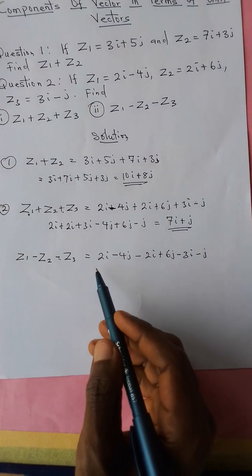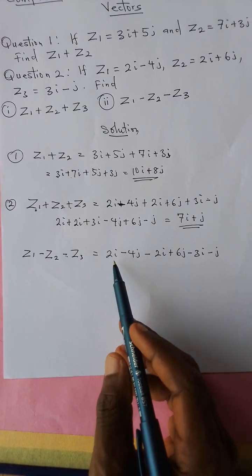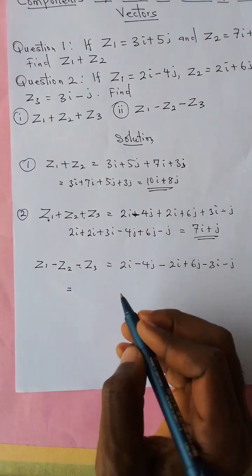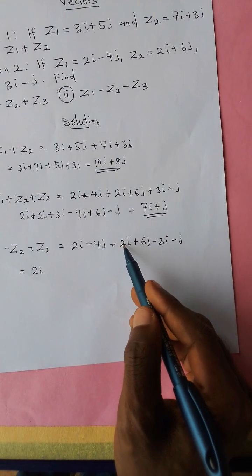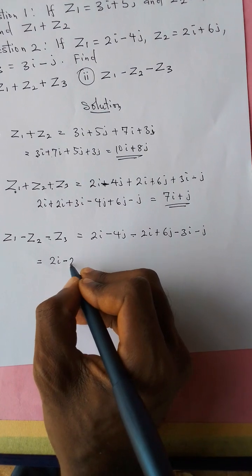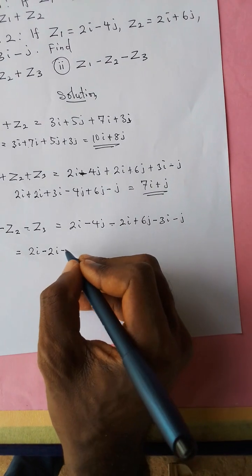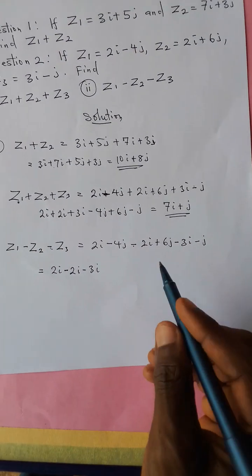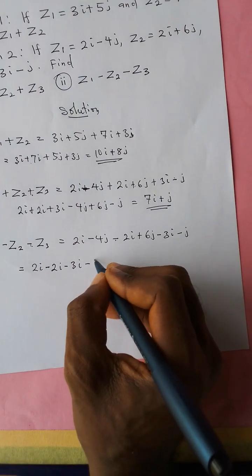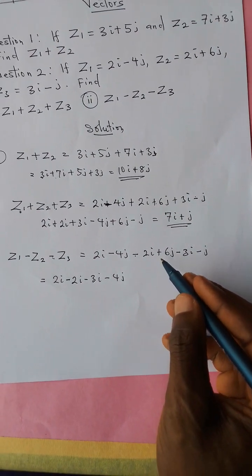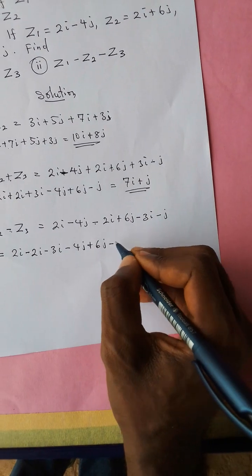So when that is done, what do we do? Collect like terms. So unit vector i, let's say equal to, we have 2i. Now come here, we have minus 2i. So we'll bring it here, minus 2i. Then we have minus 3i. Then we go over to unit vector j. We have negative 4j. Then here we have plus 6j. Then here we have minus j.